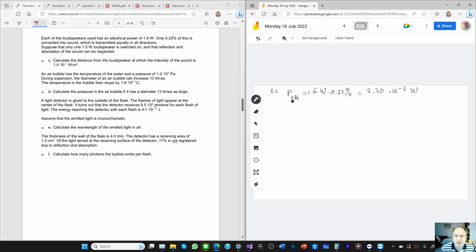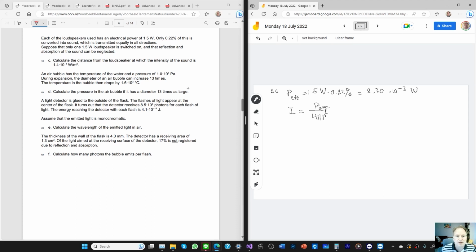Now, intensity is given by the power per square meter. And so in this case, the sound will propagate in all directions in three-dimensional space, so in a sphere. And that surface area is 4 pi r squared. And so this should be the effective power.